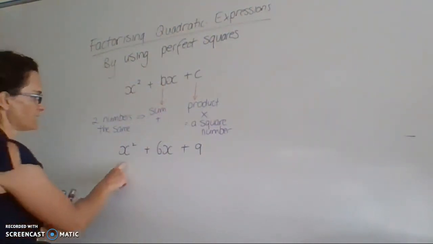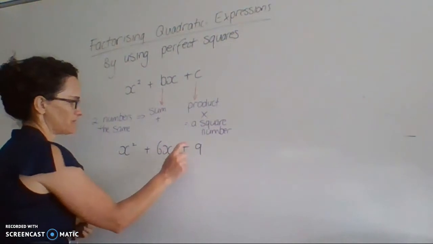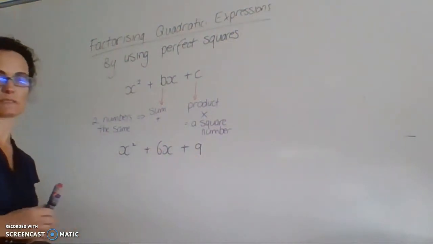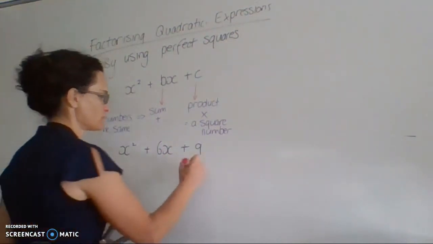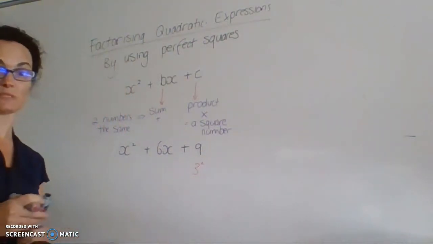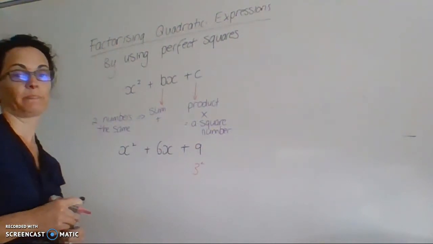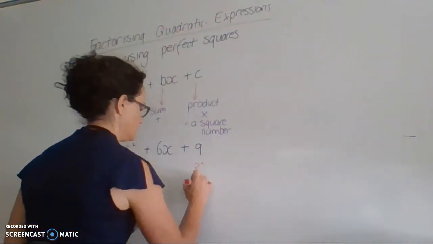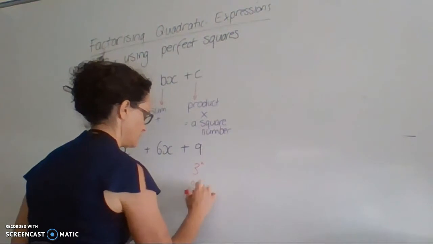So here we have x squared plus 6x plus 9. So straight away I recognise 9 as a square number, as the product of 3 squared. It could be positive 3 times positive 3 or negative 3 squared. Okay?